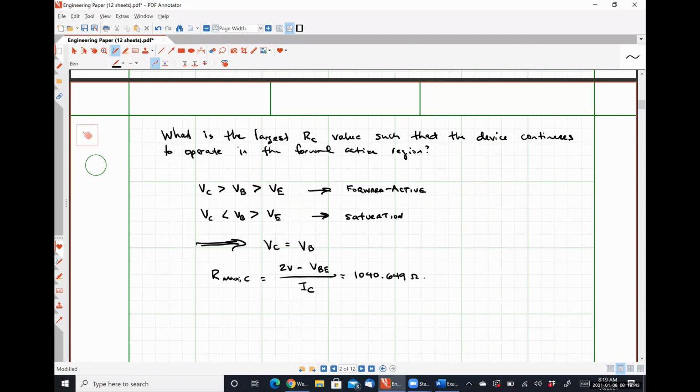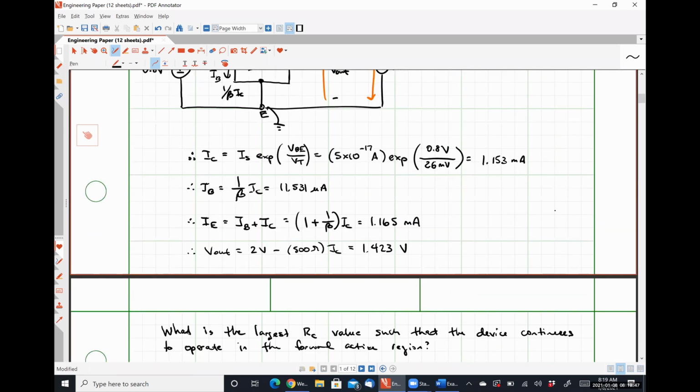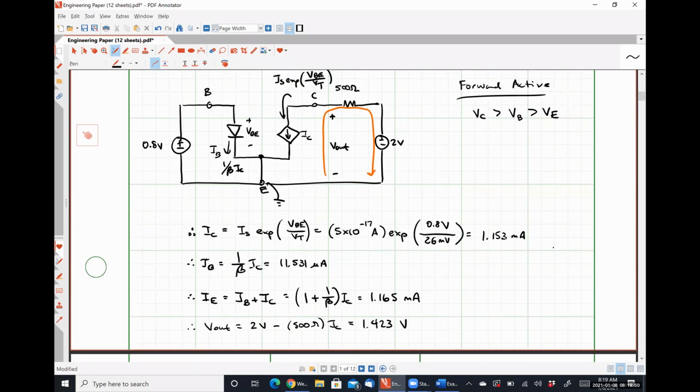If we use a resistor value larger than that, V out or VC will be less than VBE, which means we are in the saturation region, which means we're using the wrong model. Is that clear?